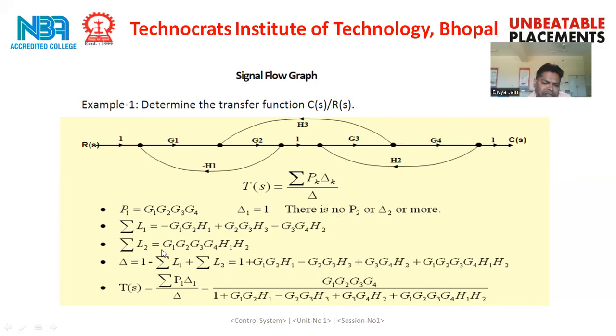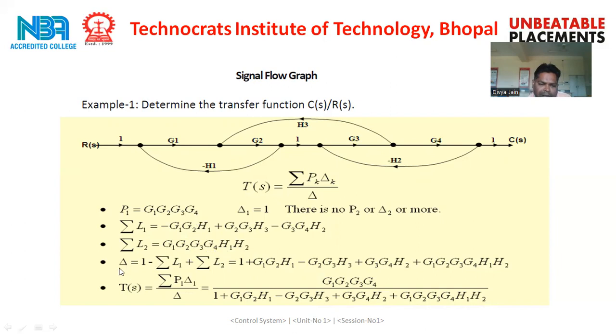And again, we will check for two non-touching loops. If in this signal flow graph there are two non-touching loops, then it will be multiplied. So G1, G2 and H1 and G3, G4 and H2 are the two non-touching loops. So it will be multiplied. So the result will be G1, G2, G3, G4, H1, H2.